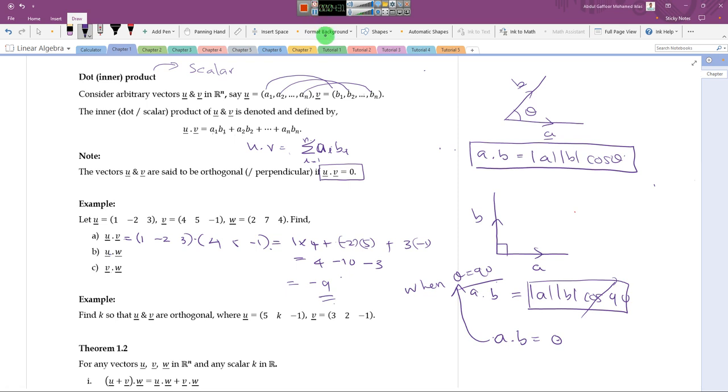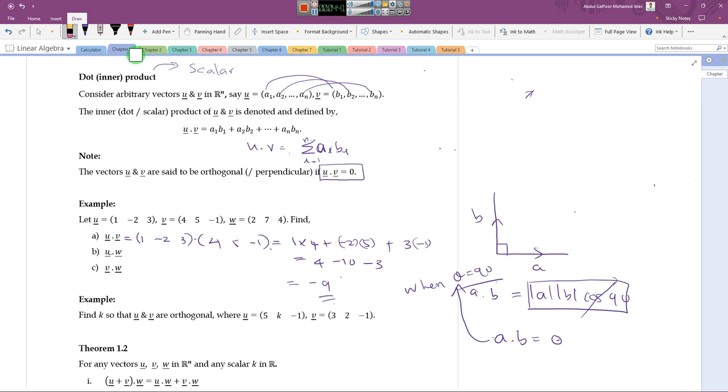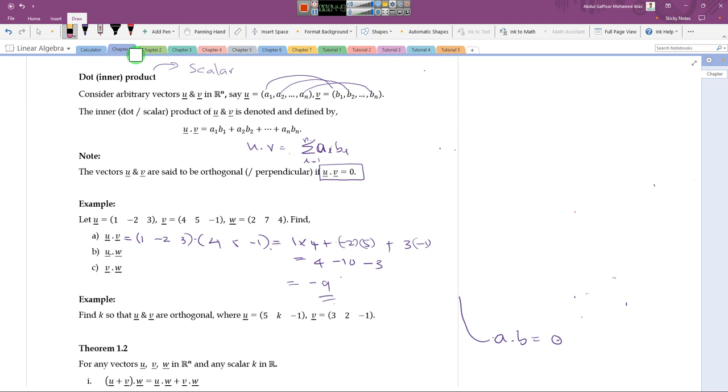Now u dot w. In order to find u dot w, let me create some space here, erasing this. So u dot w is equal to, first we write u, 1, negative 2, 3, and then we write w, 2, 7, 4.